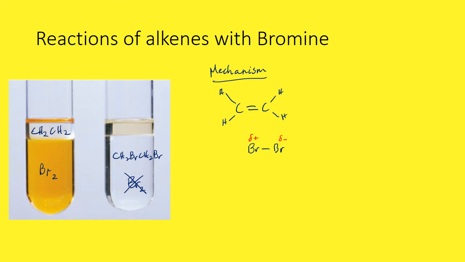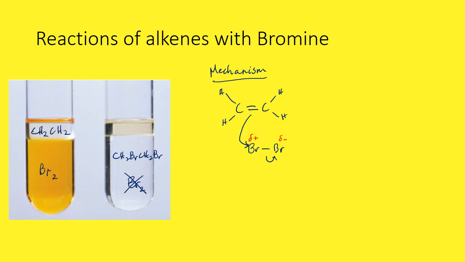Because the electrons have gone towards this bromine atom, that becomes partially negative. Our electron charge density, in our double bond, is going to attack the delta positive bromine, which means that bromine that's just been attacked is going to lose focus on the electrons in the bromine-bromine bond, and so those electrons are going to go to the other bromine, like so.